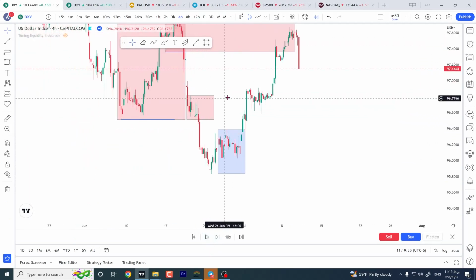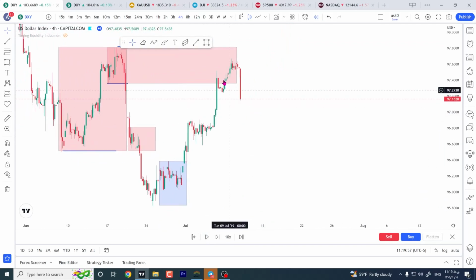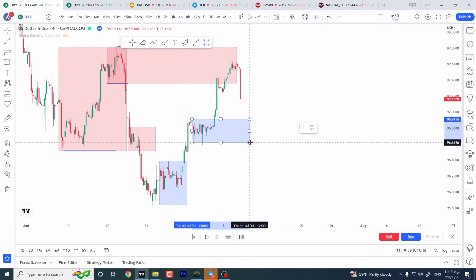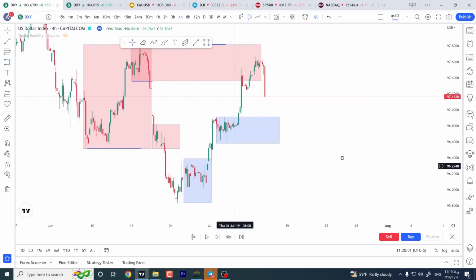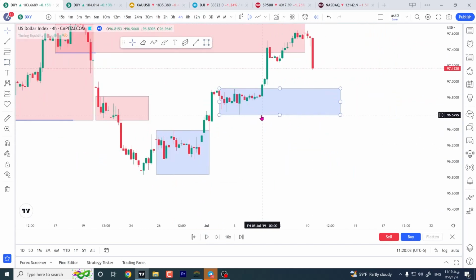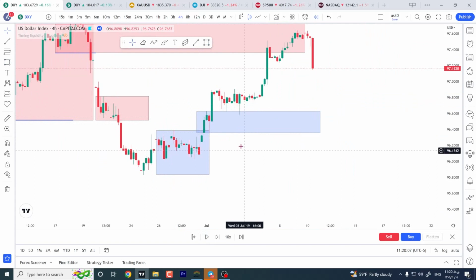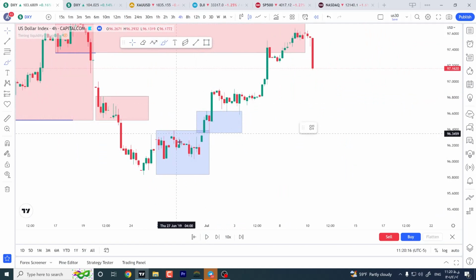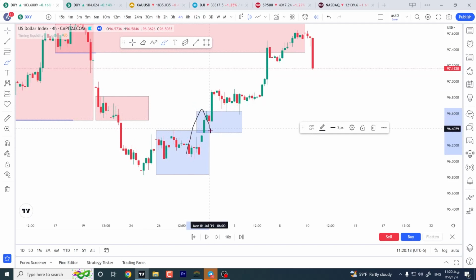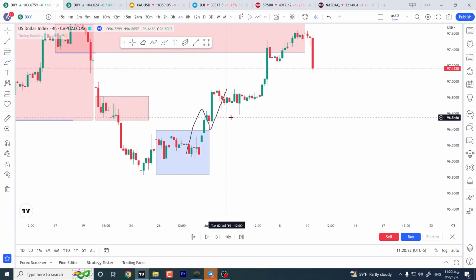You can see that we have our supply box here and another internal demand box here, and even this is a demand box in lower time frames. You can see that work here. I wanted to mark this before it happens, but I thought maybe it's overwhelming for you today. What you can see is that the market came up, it made a minor structure and it breaks this structure, so it is a minor demand box as well.